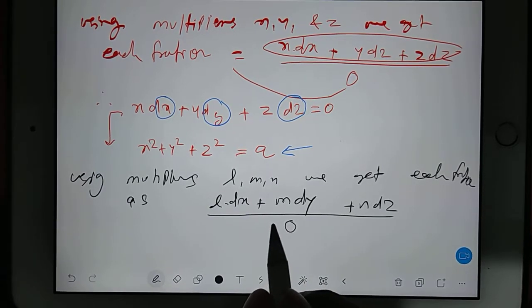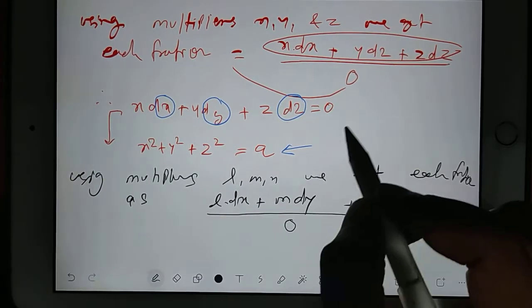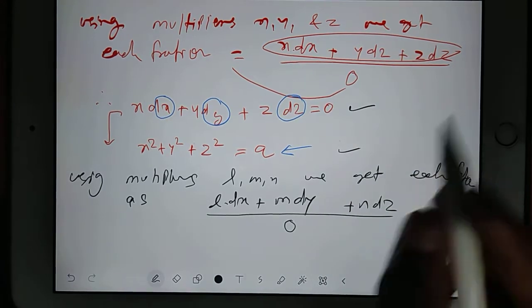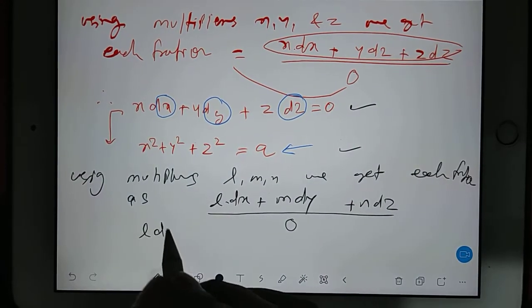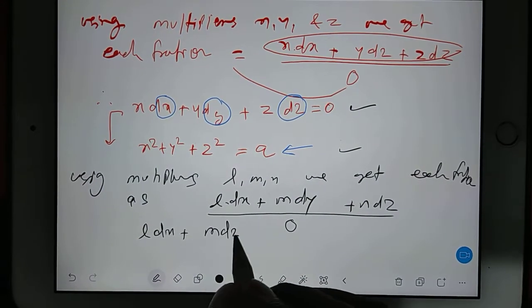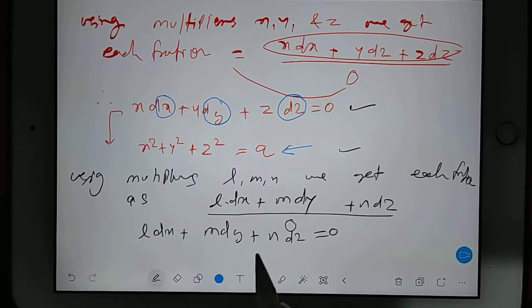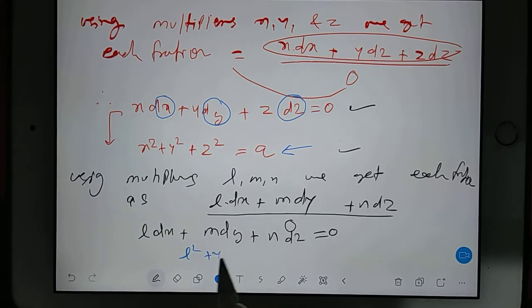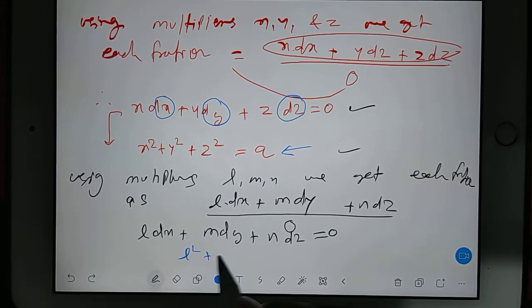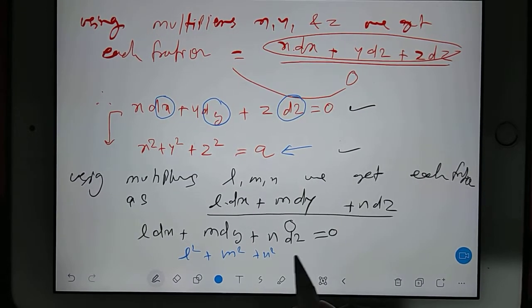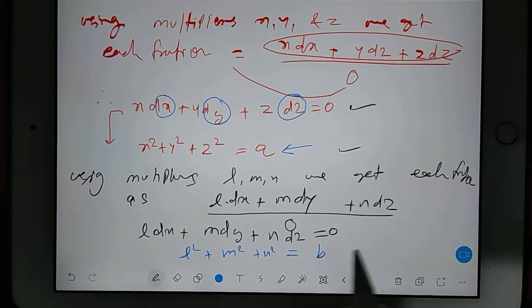Same thing will happen; like we have done this step, you will do this step again. You'll be getting l dx plus m dy plus n dz is equal to 0. Then you will integrate. So l square plus m square plus n square is equal to any constant, suppose b will come.